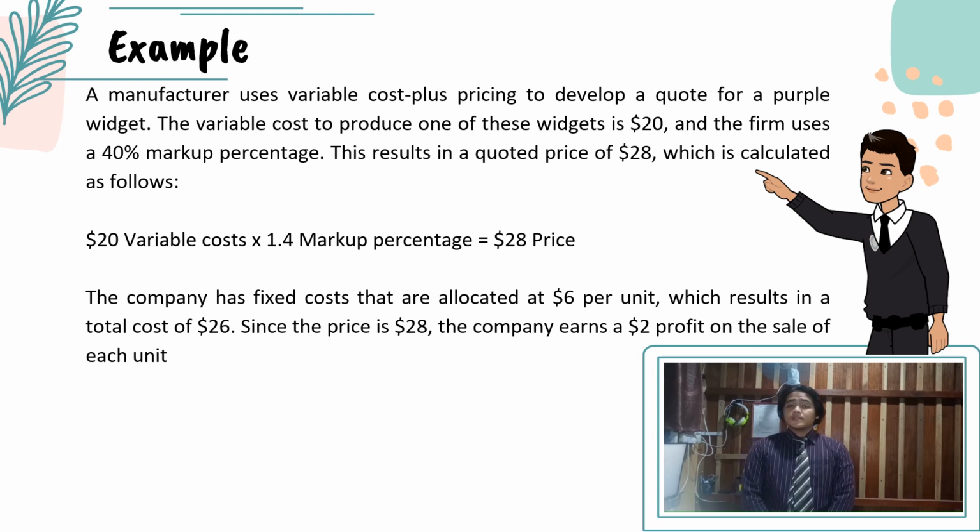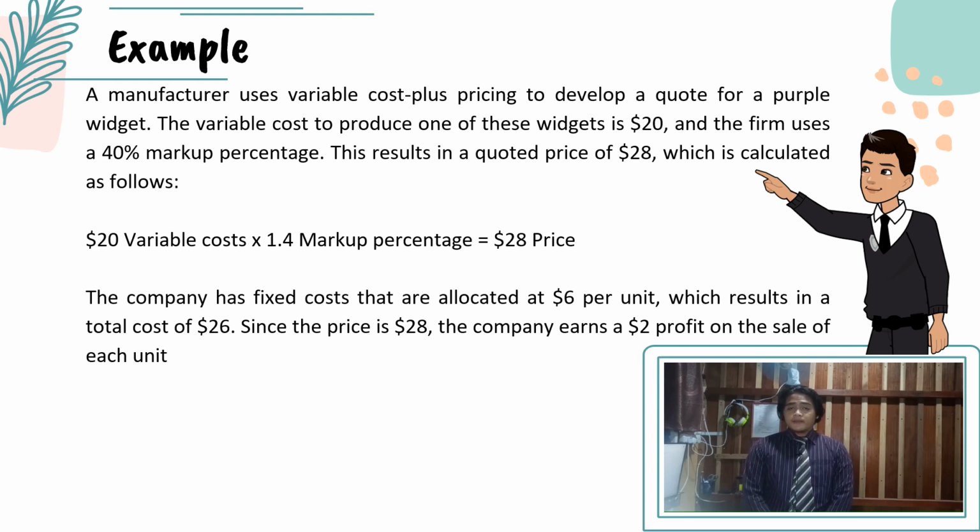So the result on the quoted price is when we multiply the variable cost of $20 with the markup percentage, which is 140%, or 1.4. When we multiply both of them, 20 multiplied by 1.4, we get the quoted price of $28.